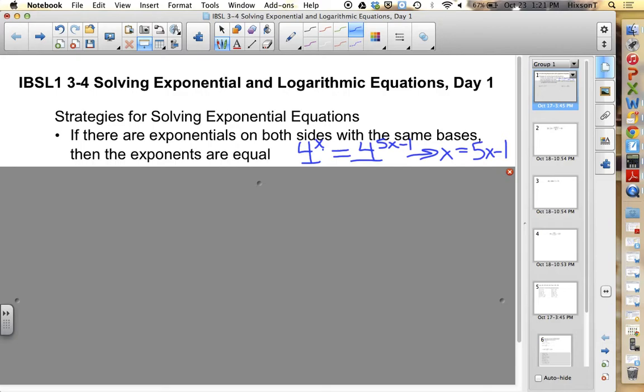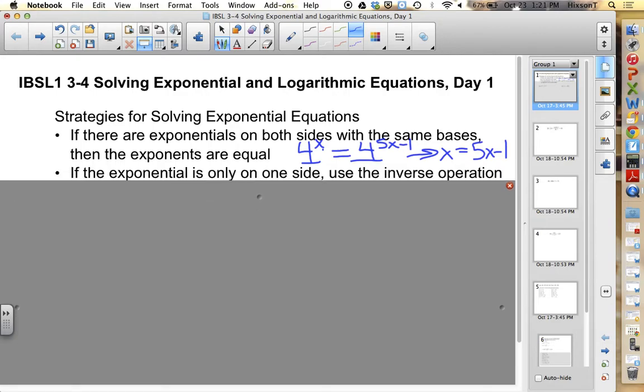More commonly, however, we're going to end up having an exponential that is only on one side of the equation. And if that's the case, we're going to use the inverse operation. Okay? What would the inverse operation be? For any exponential, it's the logarithm with the same base.